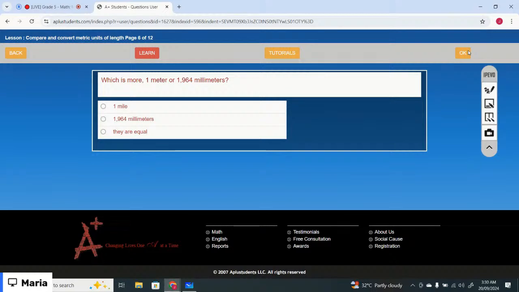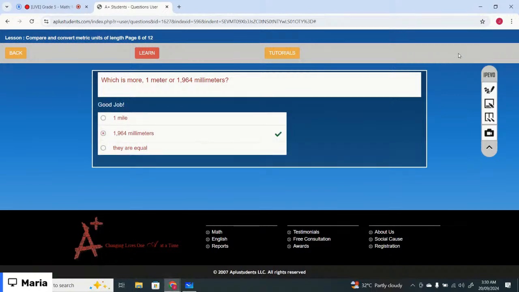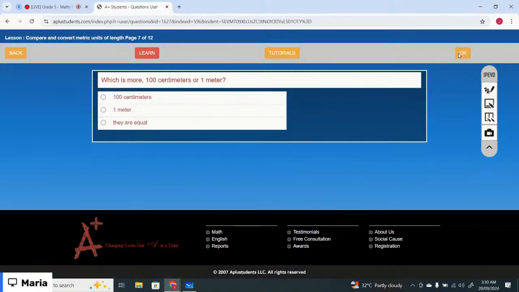Which is more, 1964 millimeters is more? Which is more, 100 centimeters or 1 meter? Which is the correct option?